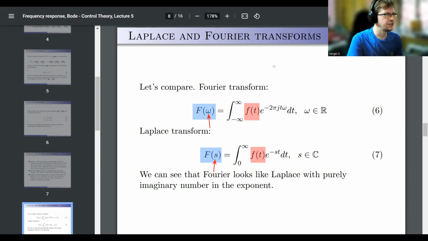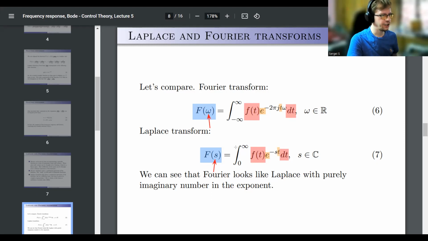Okay. We see in both cases we do integration over dt. In both cases we have e to the power of something, okay, including t here.